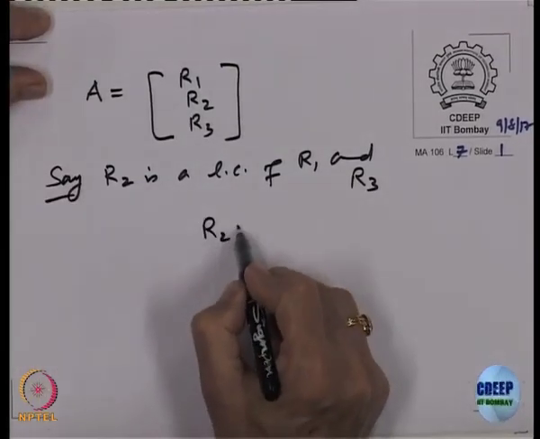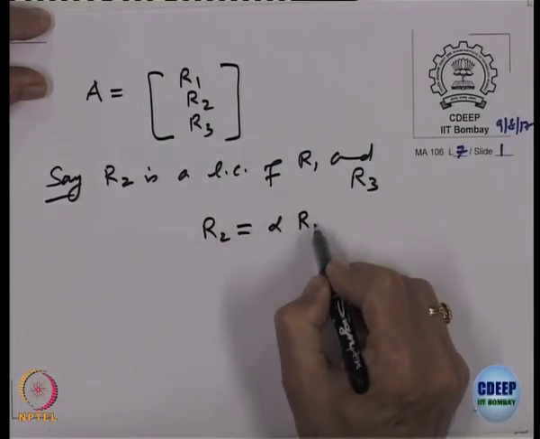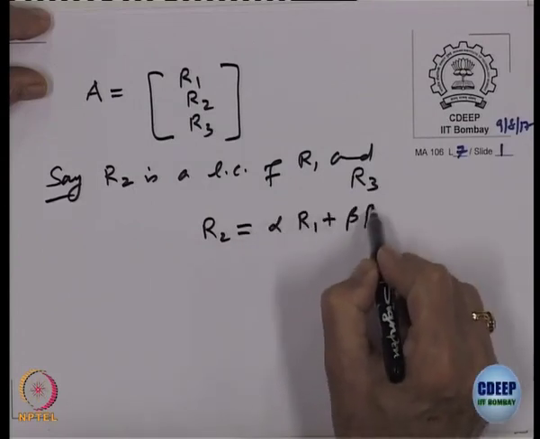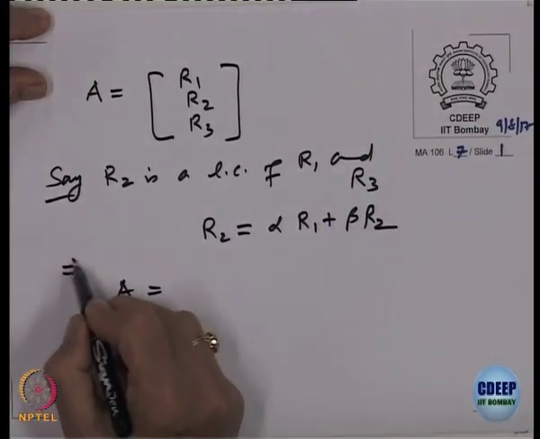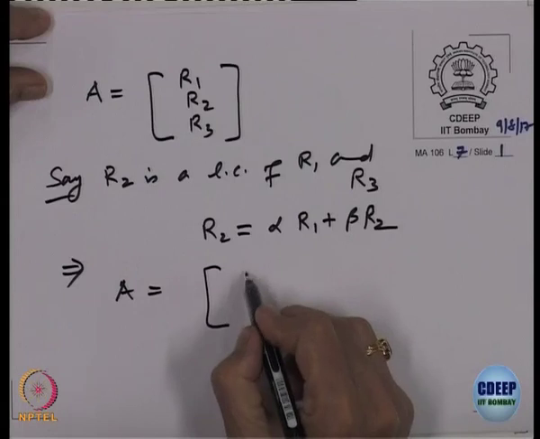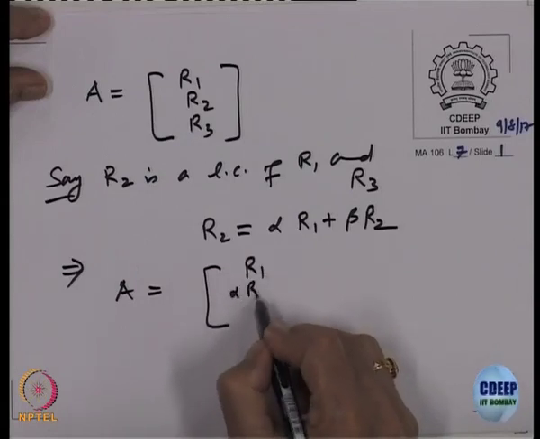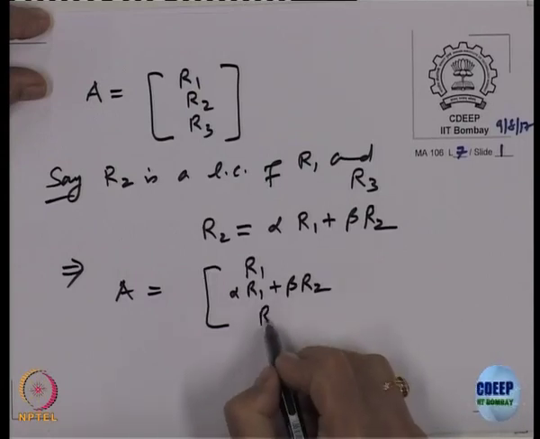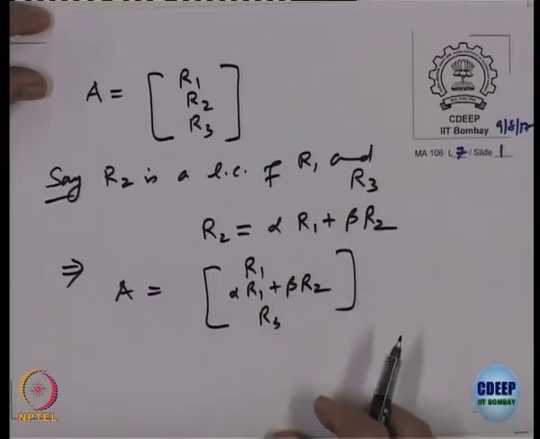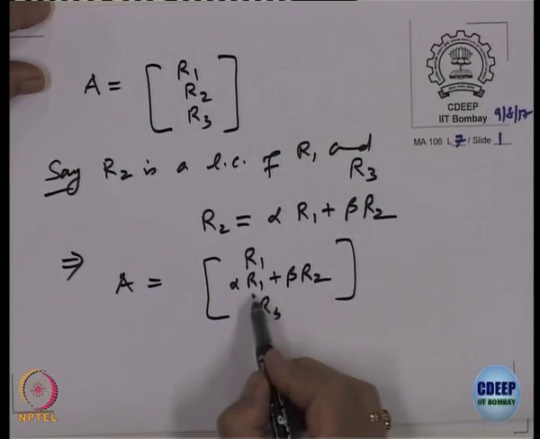So, what is R2 equal to? Alpha R1 plus beta R3. So, what is A equal to? So, this implies A is R1, alpha R1 plus beta R3, R3, right. So, here is a linear combination coming.